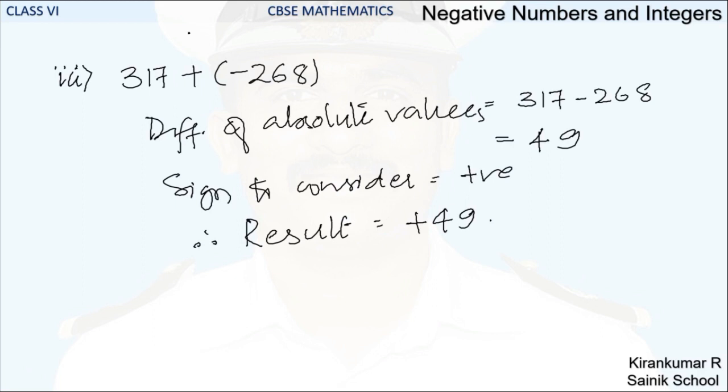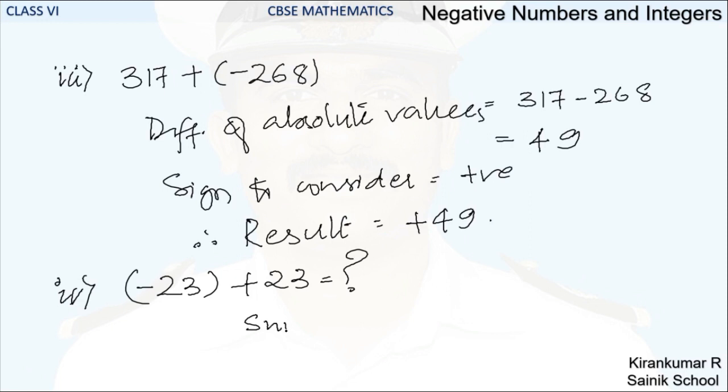You may feel this method of adding is a little difficult. You need to practice this, then you will be able to write the answer directly. A very simple question I'll give. When negative 23 is added to positive 23, what will be the result? The result is 0. Sum is 0.